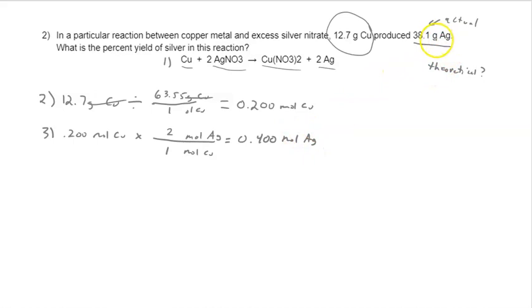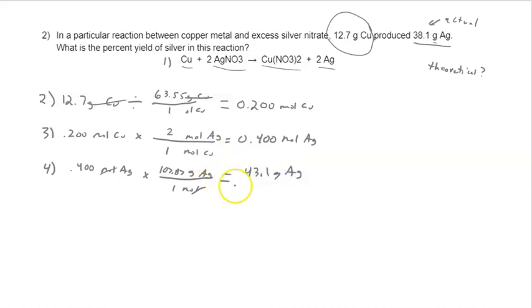The number we were given is in grams, so we need to do one more step to convert our 0.400 moles of silver into grams of silver, and we do that by multiplying by the molar mass, and we should get 43.1 grams.